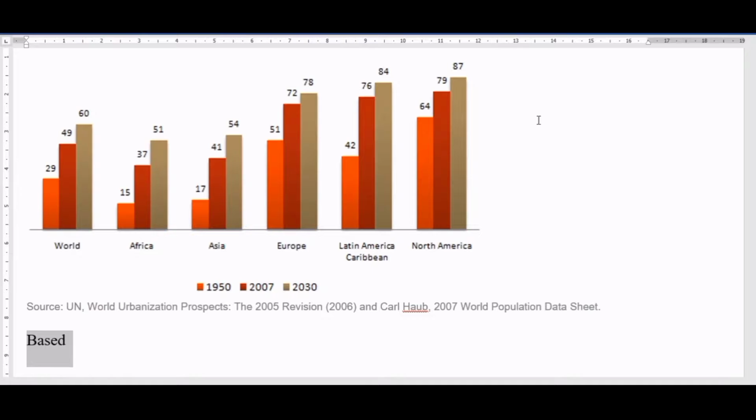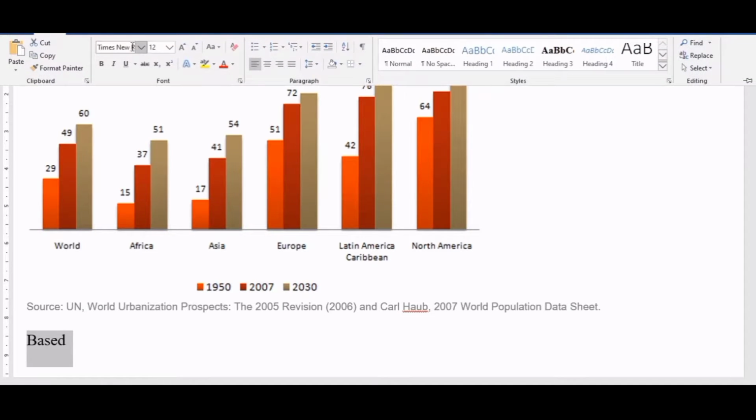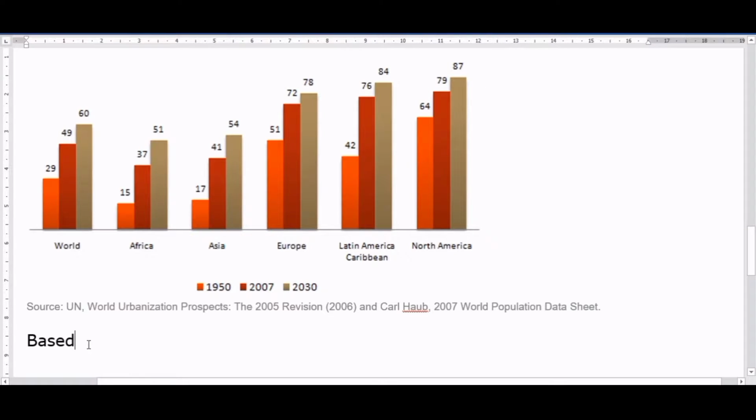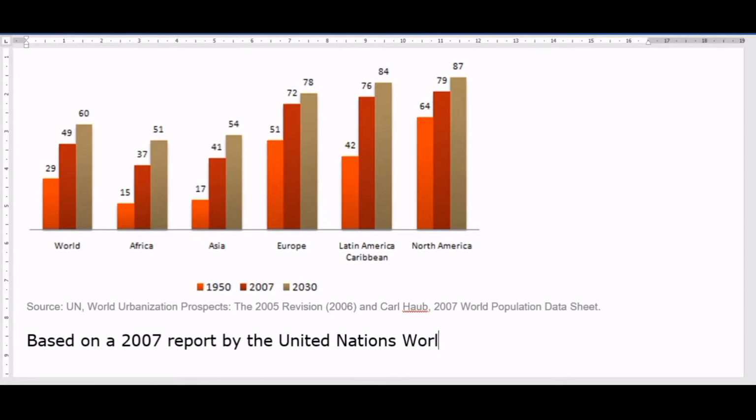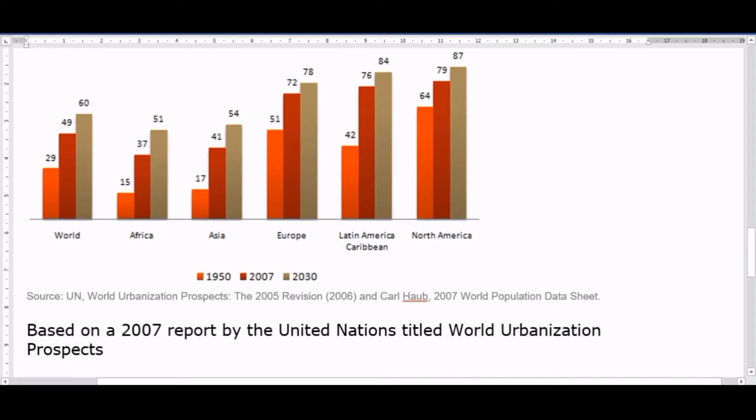This is now my description, so let's just change the font over there. Let's just make this Verdana, which is a font that I really like. So based on a 2007 report by the United Nations, World Urbanization Prospects. Let's just put their title, World Urbanization Prospects, there.